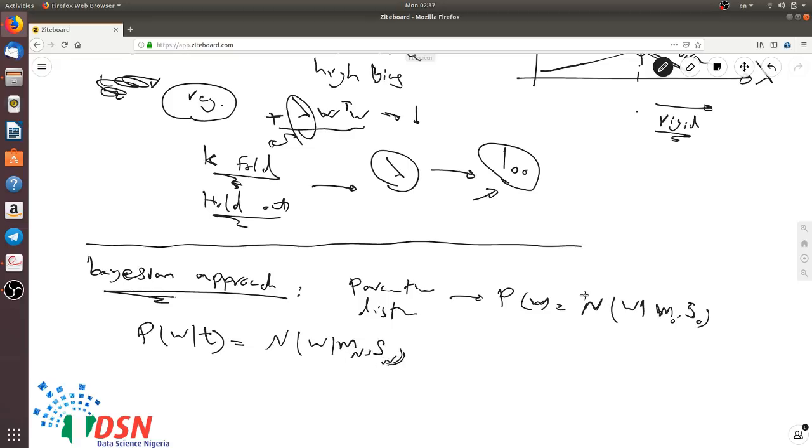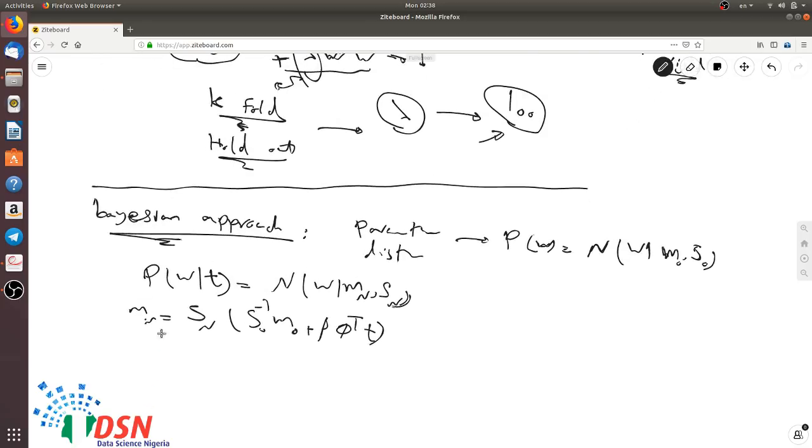So this is interesting. If the prior is Gaussian, then the posterior also is Gaussian, and the Mn is Sn times (S0 inverse m0 plus beta phi transpose t), and you know the phi is our kernel or basis function, and Sn inverse is S0 inverse plus beta phi transpose phi.